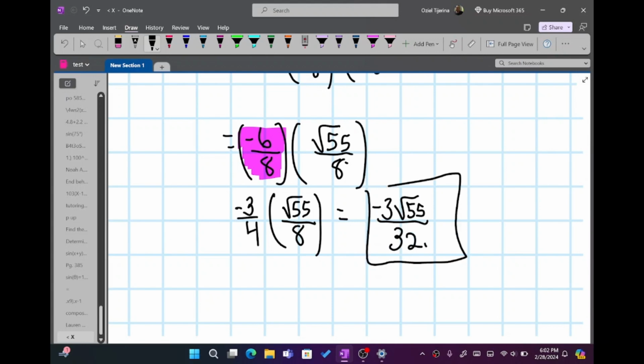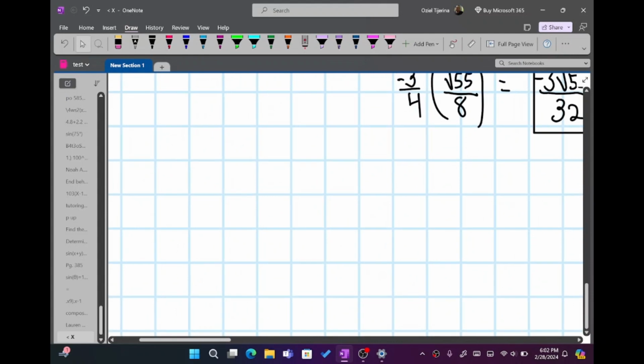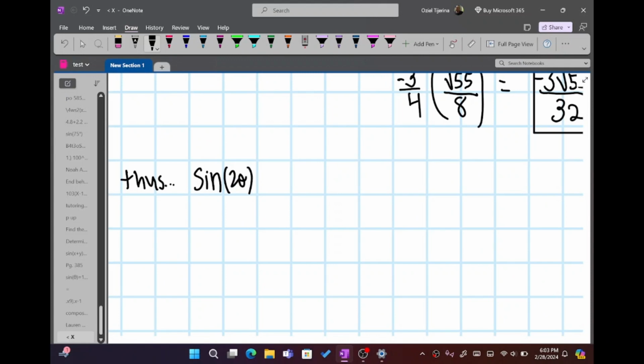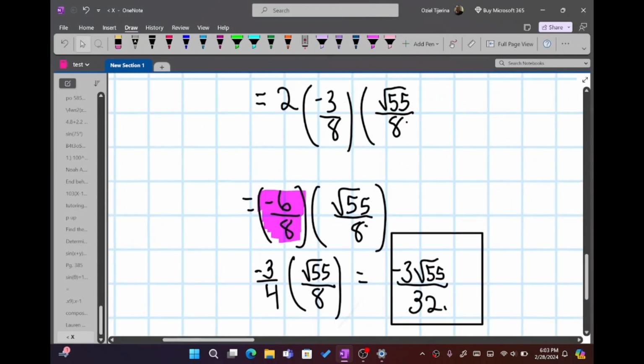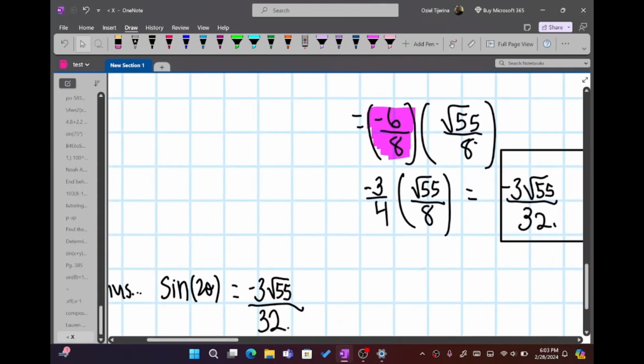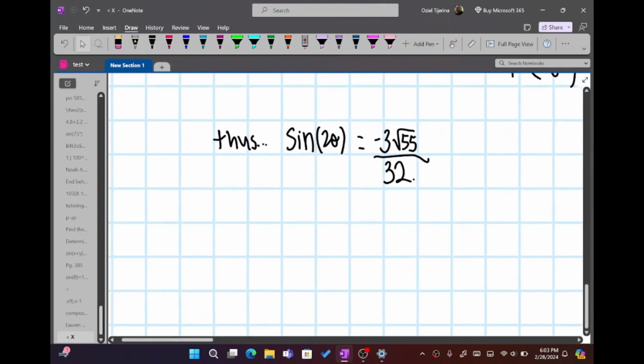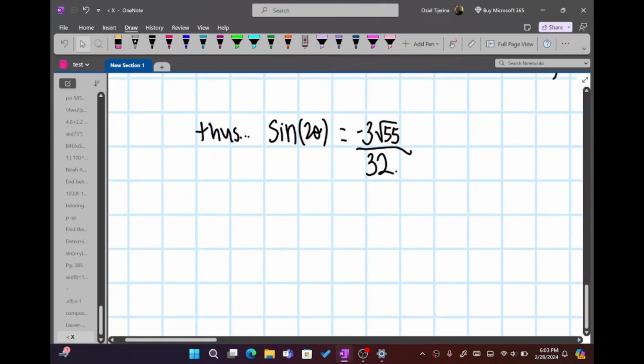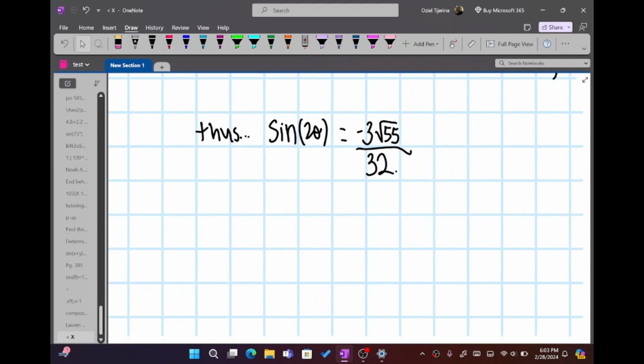And this would be sine of 2 theta. So thus, sine of 2 theta is equal to negative 3 square root of 55 over 32, I think. If I made a mistake, guys, let me know. If at any point I make a mistake, please do comment down below. Sorry if it's taking me a while, guys. I'm really trying. I just don't want to go way too fast.